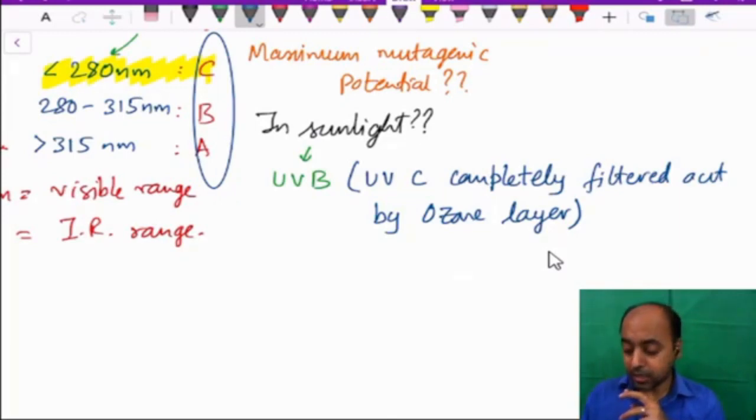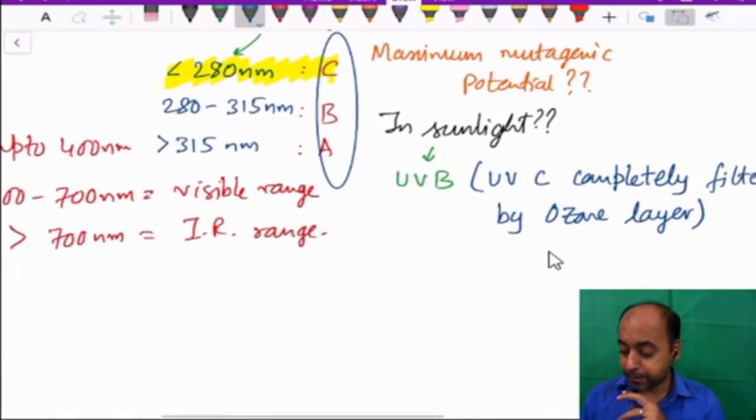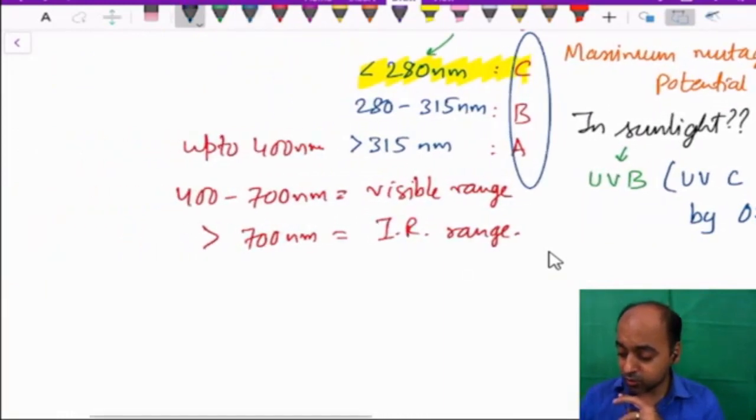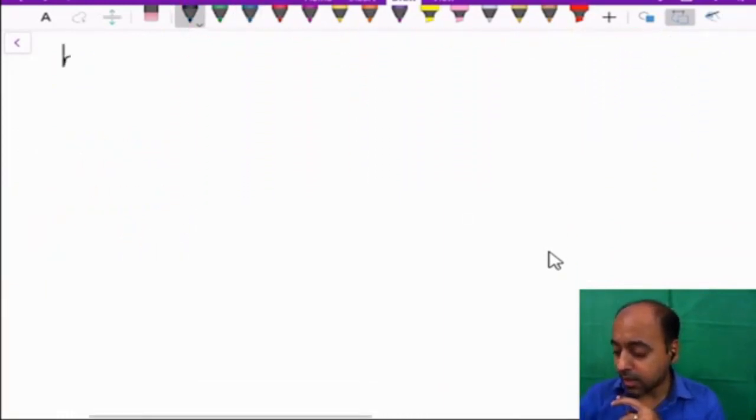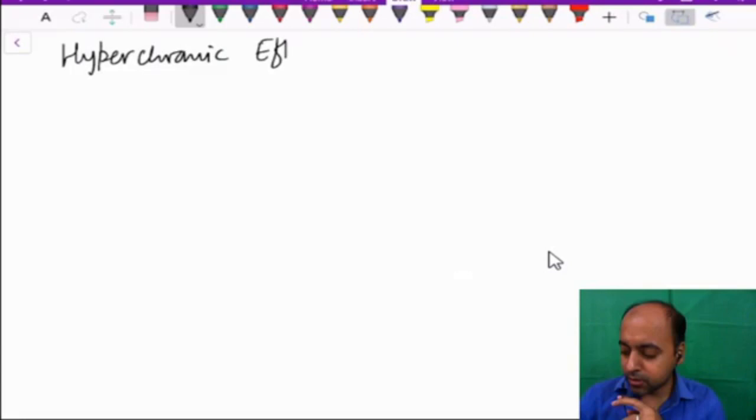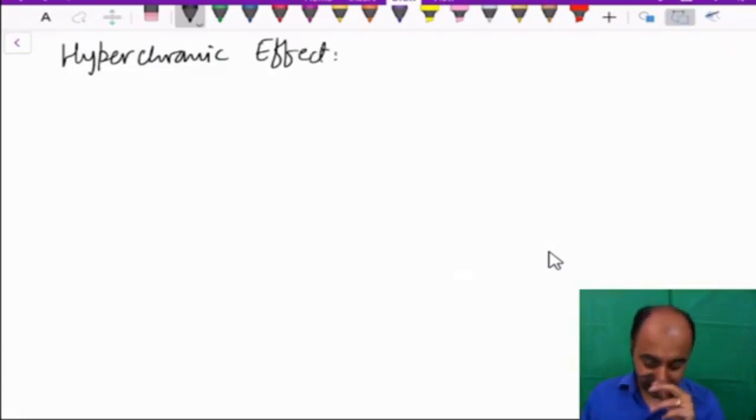Okay, second part is what is known as the hyperchromic effect. Hyperchromic effect is very simple.